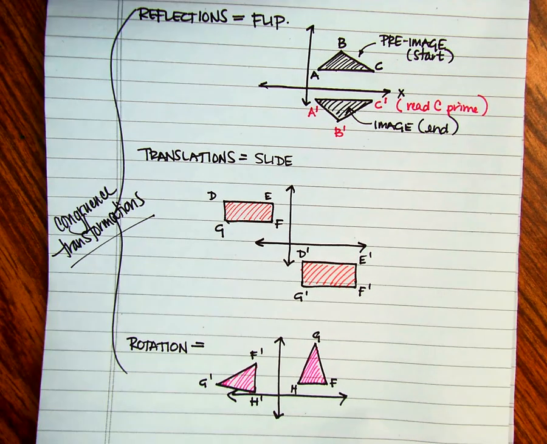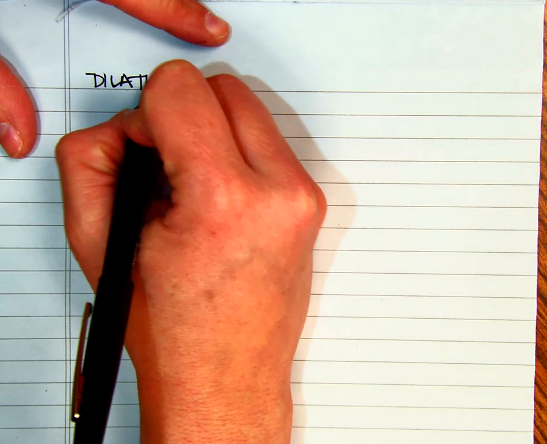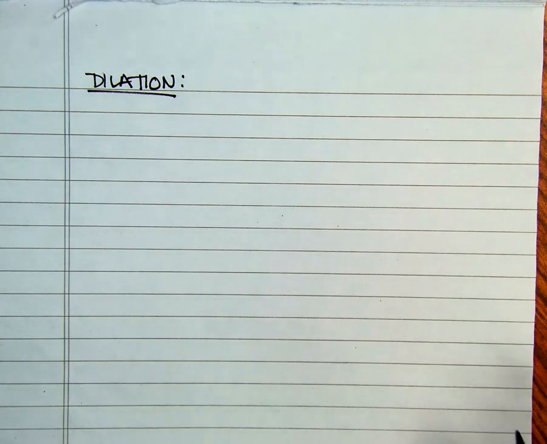The other transformation that we are going to talk about is called a dilation. And a dilation, think of it when you go to the doctor's office and they put those weird drops in your eyes. It makes your pupils really big.